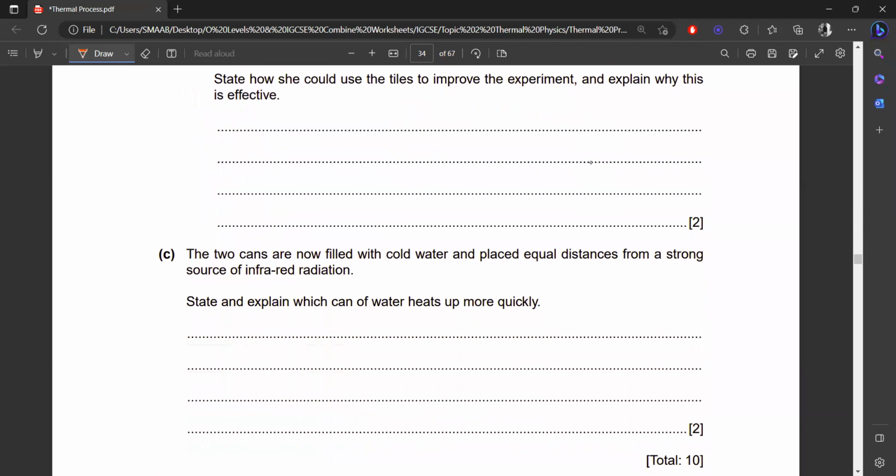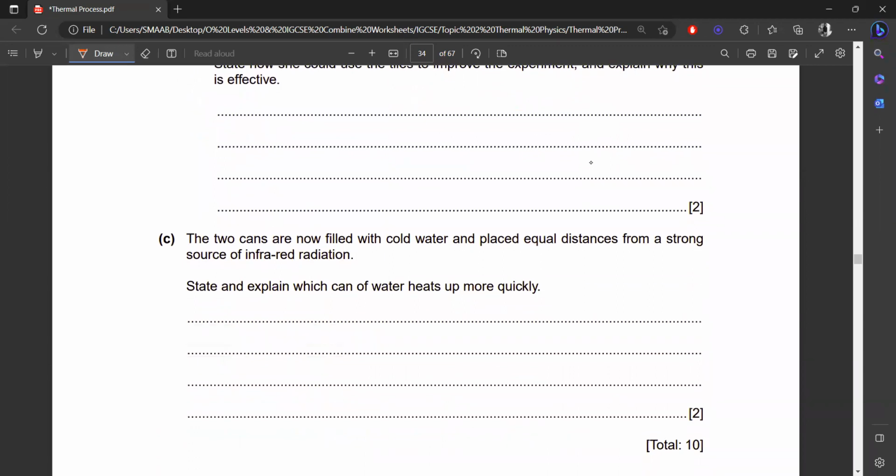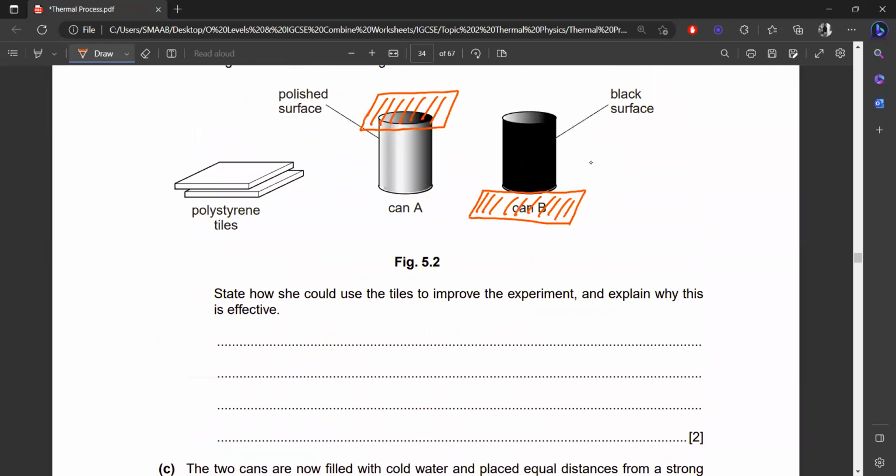Yes. And the final part: the two cans are now filled with cold water and placed an equal distance from a strong source of infrared radiation. State and explain which can of water heats up more quickly. The black one? The black one, because now we have radiation and radiation can be absorbed by the black one, so this will absorb more quickly.